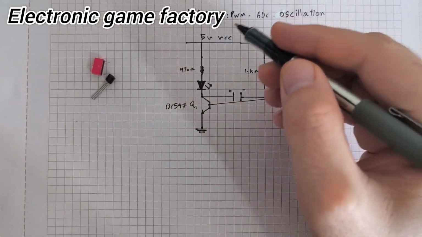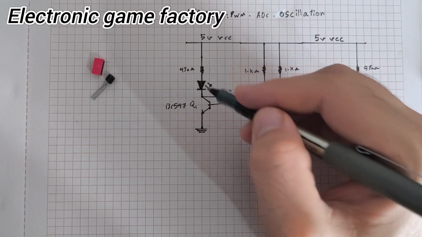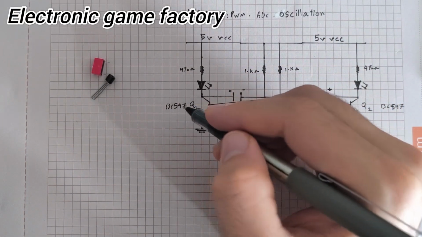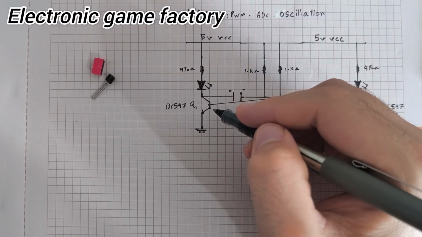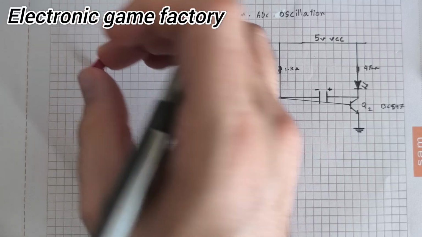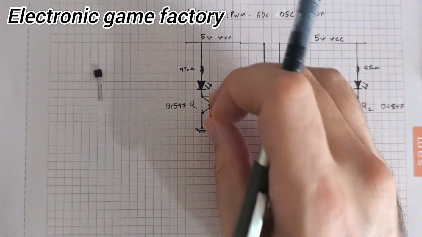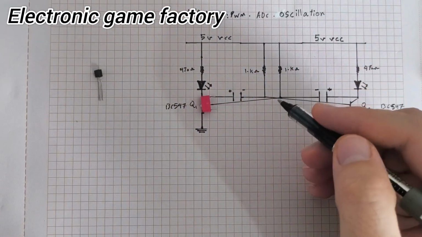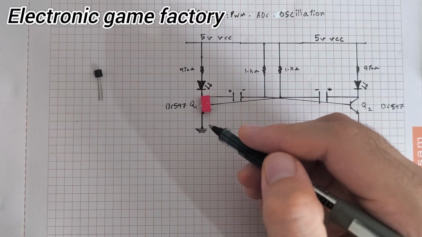At first, we can see there is a resistor, an LED and a BC547 transistor. This transistor can act like a micro switch. So I can put it here, then click it on and off.